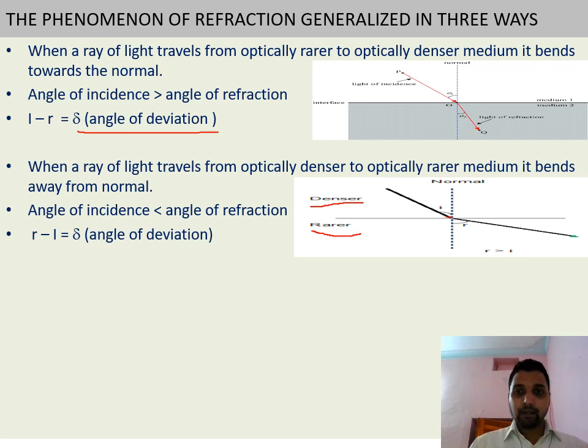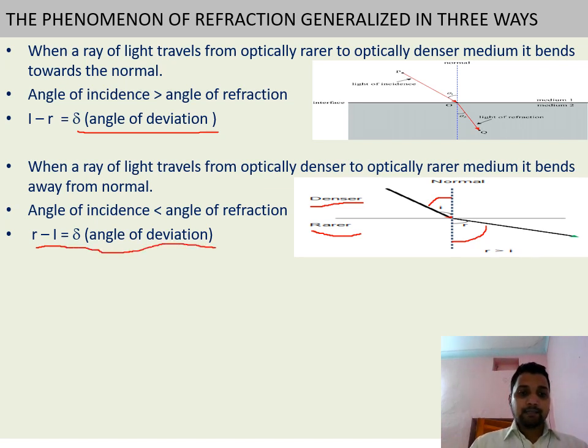The angle between the refracted ray and the normal is more compared to the angle of incidence, the angle between the incident ray and the normal. So that difference, angle of refraction minus angle of incidence, gives us the angle of deviation.